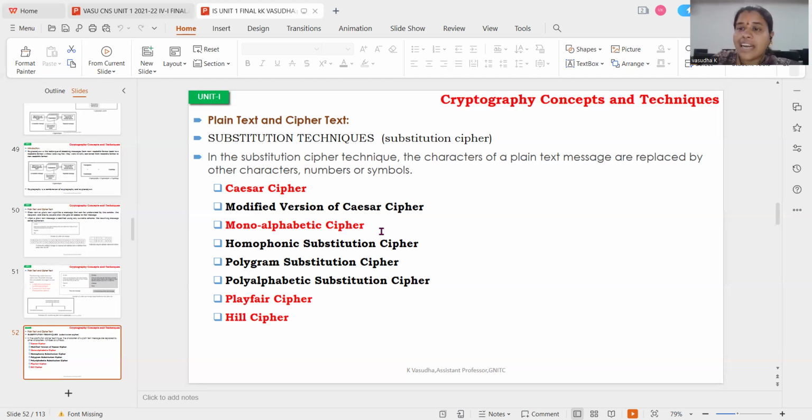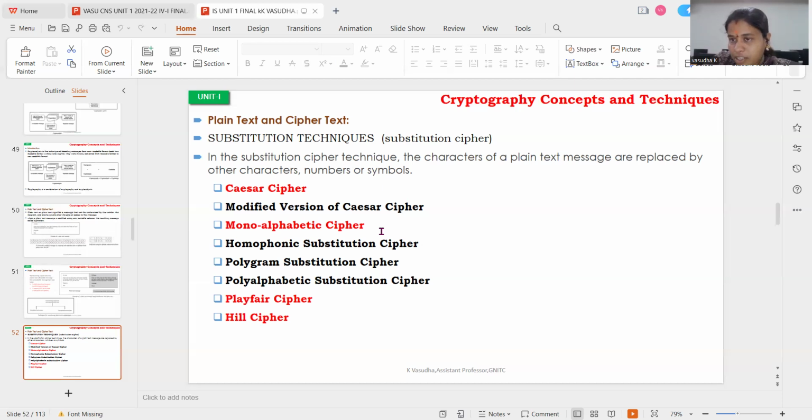When it comes to the transposition technique, we are not using other alphabets or other things to substitute the actual message. Whatever message we have, if we change the positions of that message, that is transposition. Hello means hello.